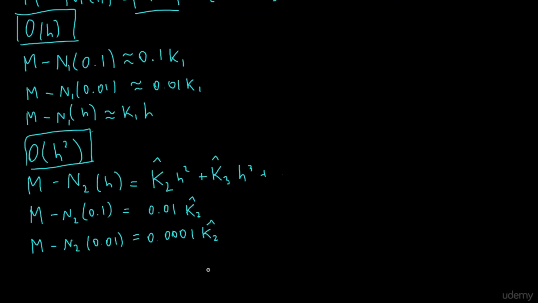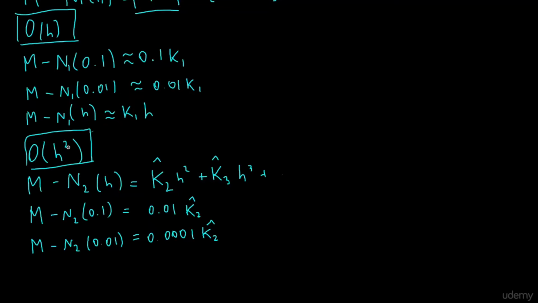So if these constants, the k1 here and the k2 hat here, are of roughly the same magnitude, then we can say that the n2 approximations are much better than the corresponding n1 approximations. This interpretation can continue by combining the n2 approximations in a manner that produces formulas with the order of h cubed, h to the fourth, and so on.